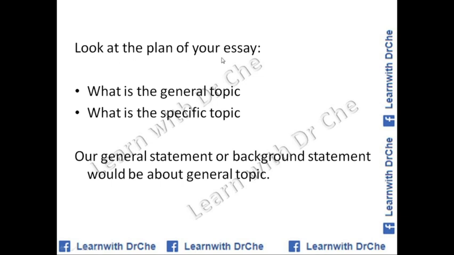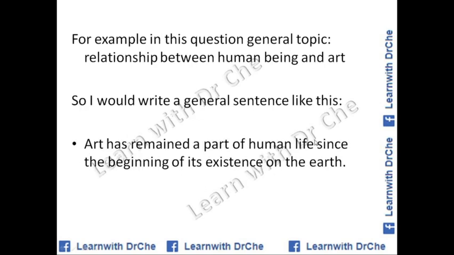Look at the plan of your essay. What is the general topic and what is the specific topic? Our general statement or background statement would be about the general topic. For example, in this question, it is art, the relationship of art and human being.